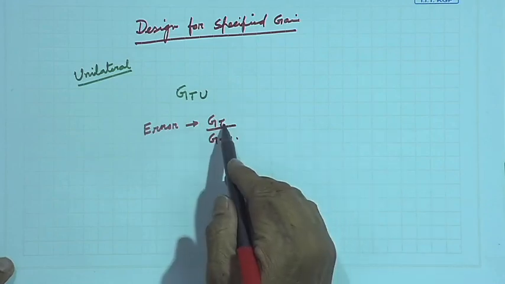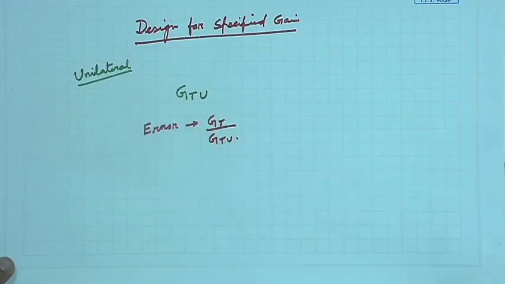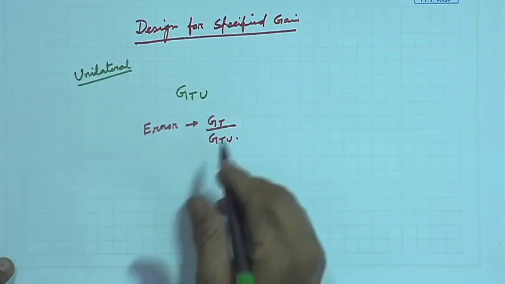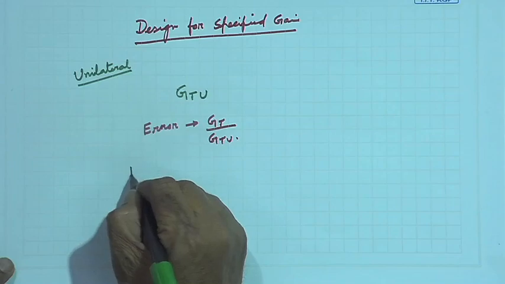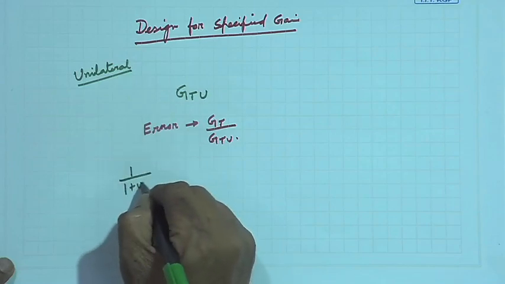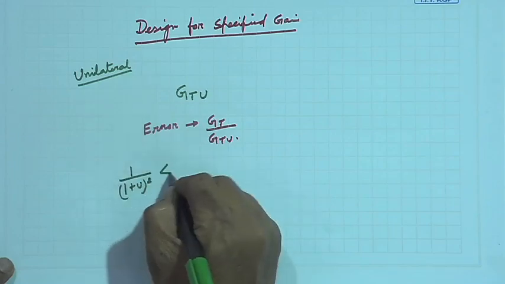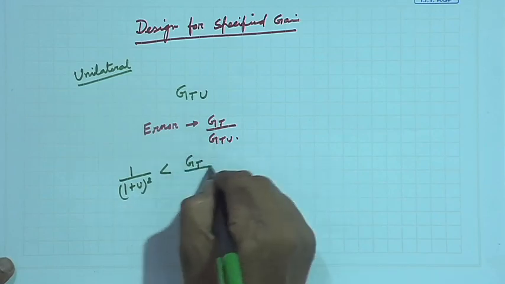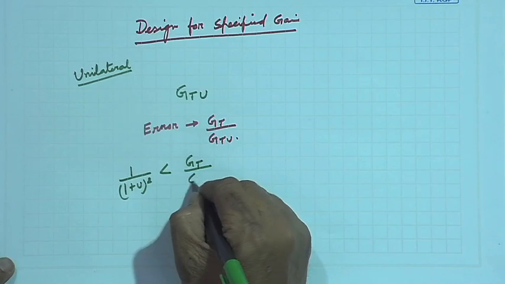So, GT is my actual thing, GTU is the approximation. People have shown that this has both a lower bound and an upper bound that can be expressed by a parameter u. It is a unilateral figure of merit.